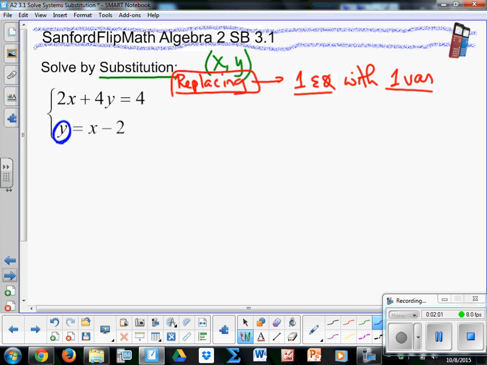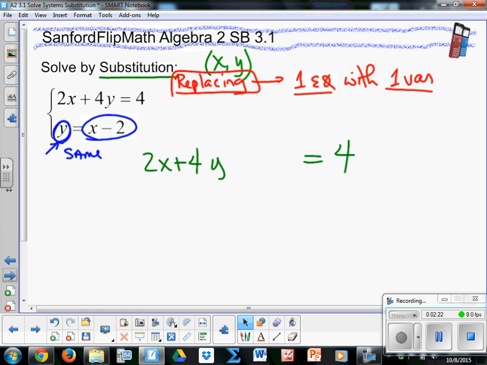With this equation that has a variable already by itself, I know that y is the same thing as x minus 2. So what I'm going to do is rewrite that other equation: 2x plus 4y equals 4.